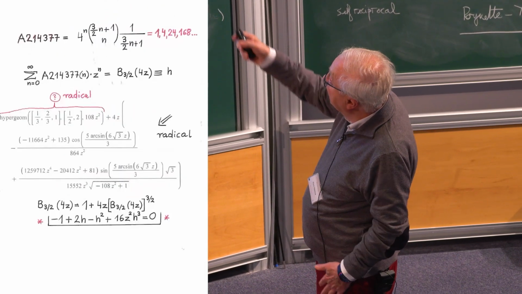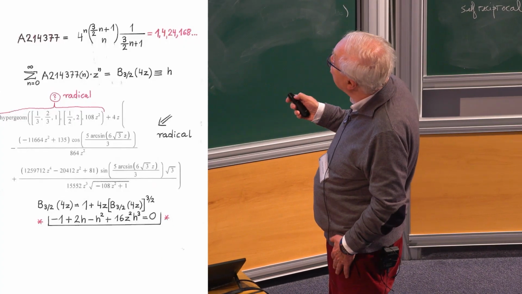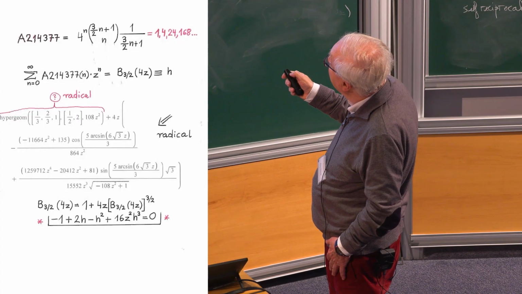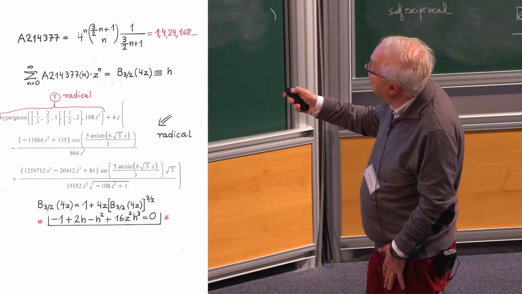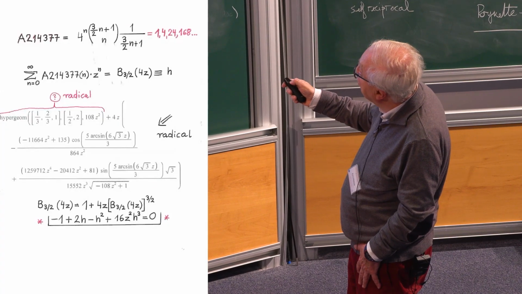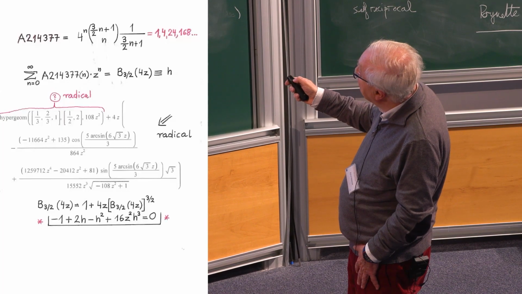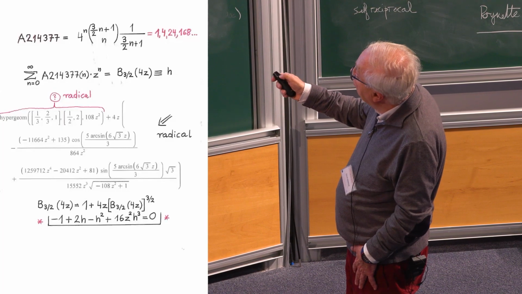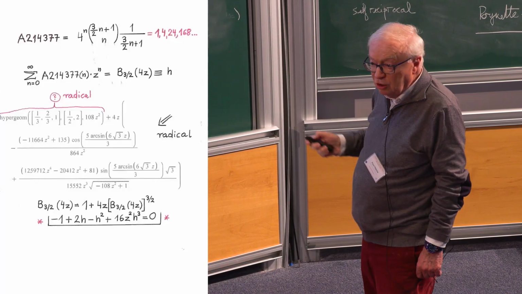So now I have localized this sequence with 4 to the n in the encyclopedia, and I am calculating the generating function with this parameter 3/2. And then I have b of 3/2, but not of z, but of 4z, because I had to include the factor 4.